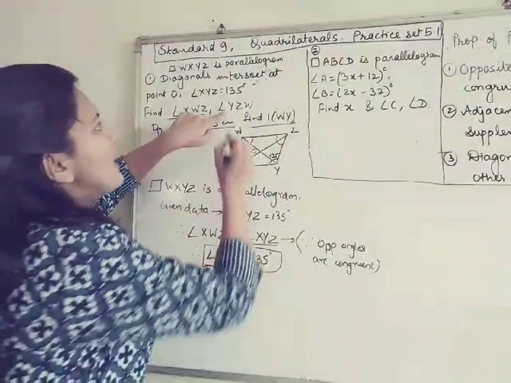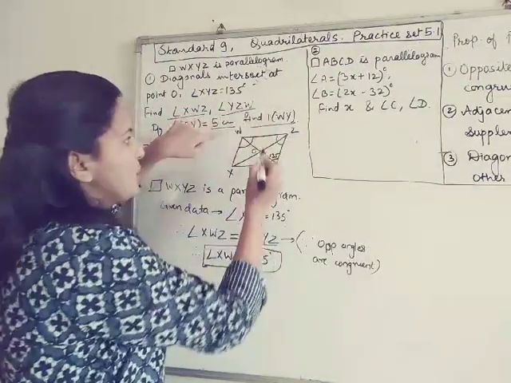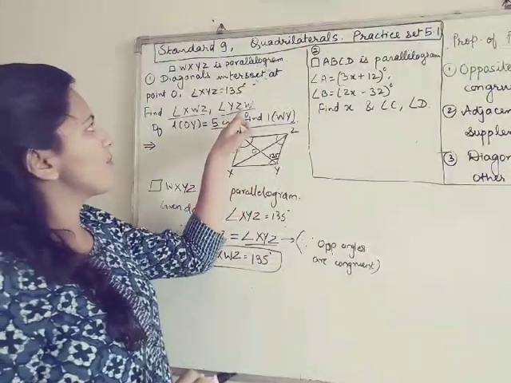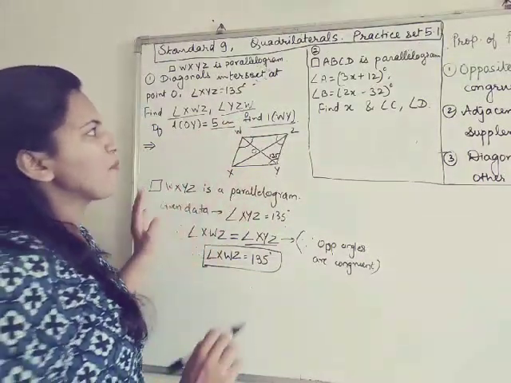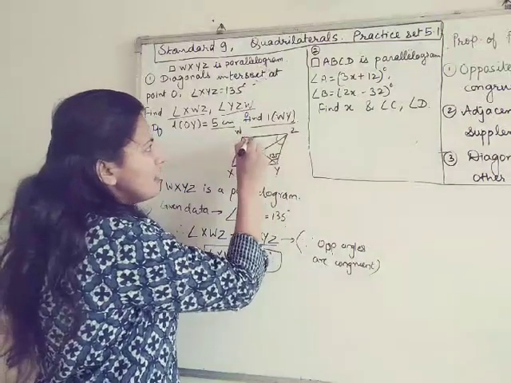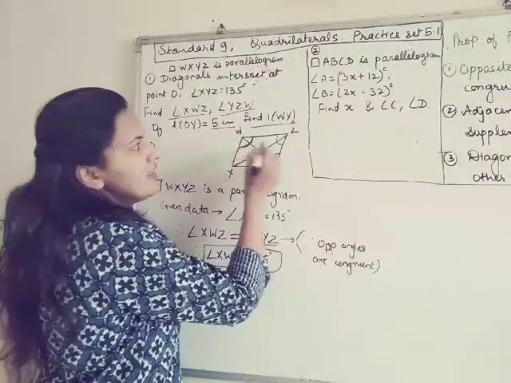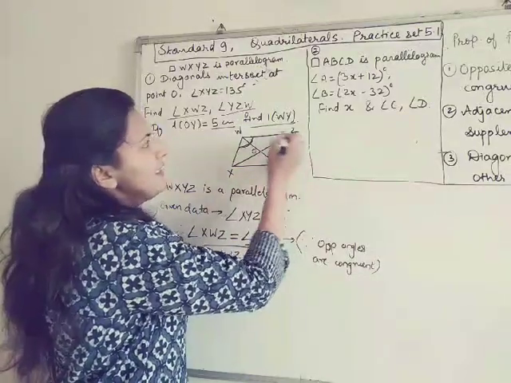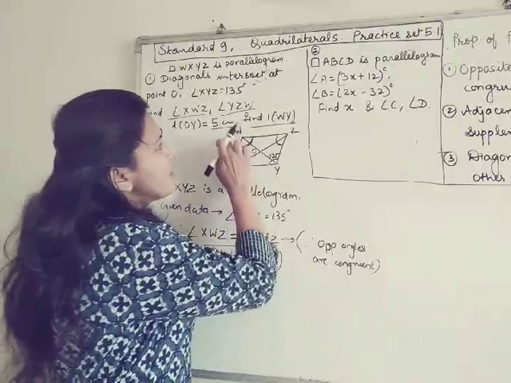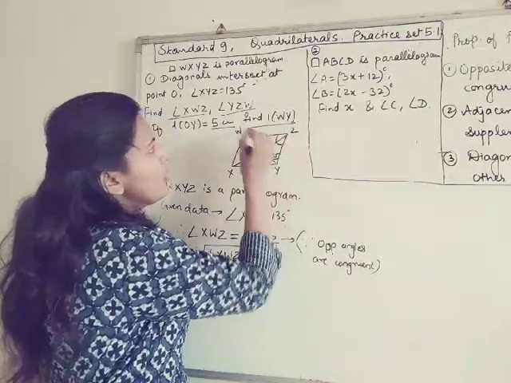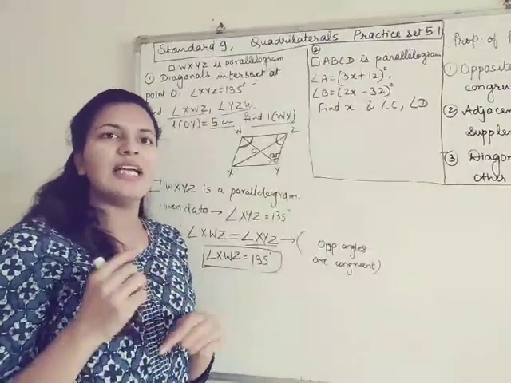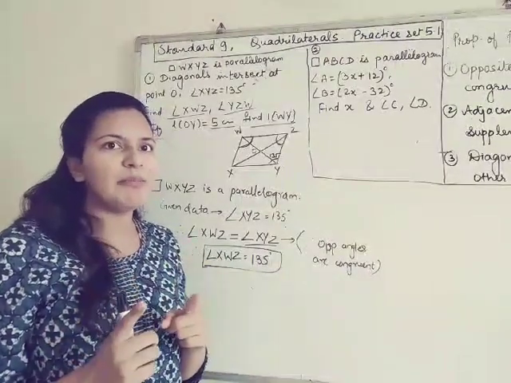Now next is find the angle YZW. For this we are using the second property. If you will see, XWZ, that is this angle, is adjacent to YZW. So XWZ and YZW are the adjacent angles. The next property says the adjacent angles of a parallelogram are supplementary.